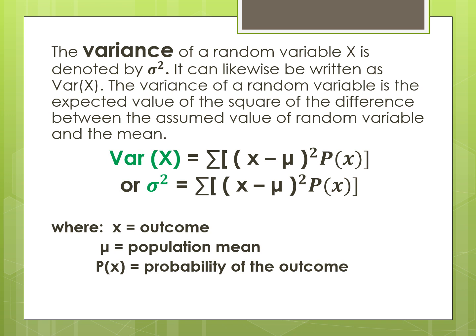So x is the outcome, the Greek letter mu is the population mean or the expected value of x. Then P(x) is the probability of the outcome.